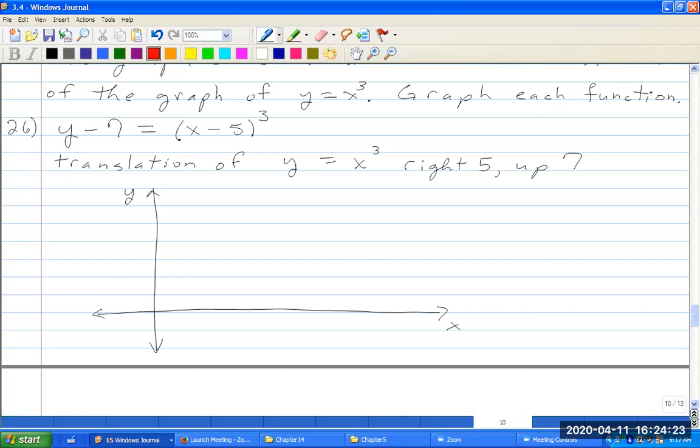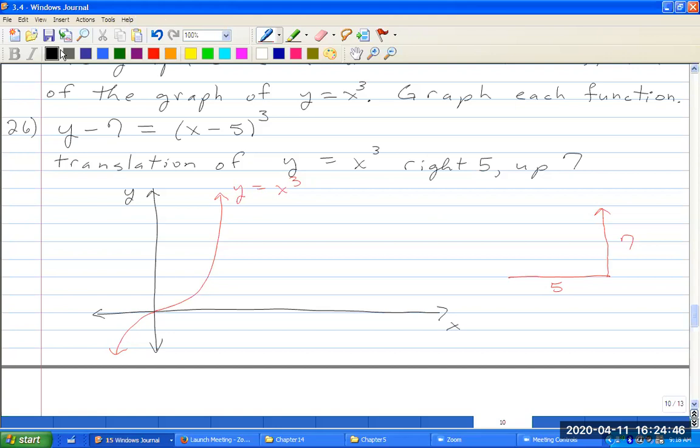Originally we have the graph of y equal x cubed, which looks something like this. Now I'm going to go 5 units in the x direction and 7 units in the y direction.